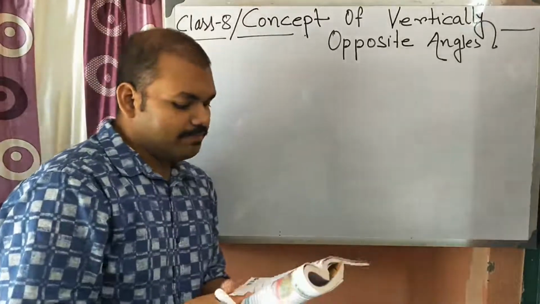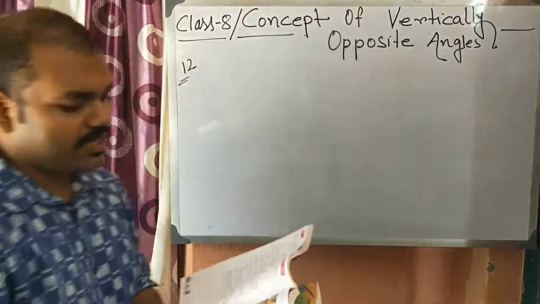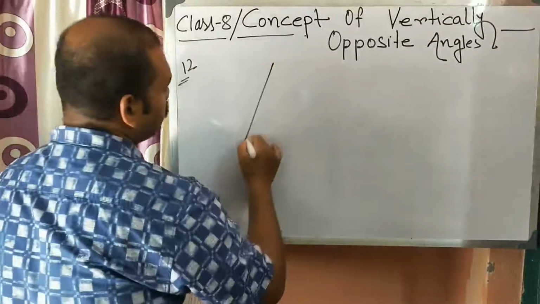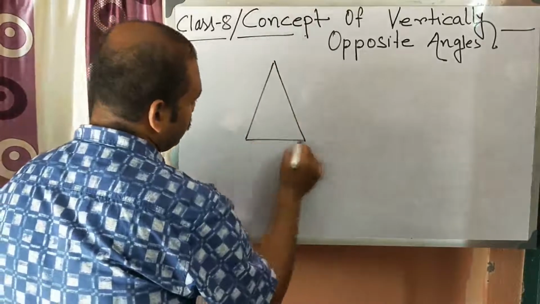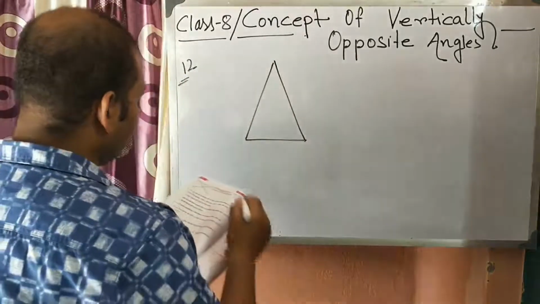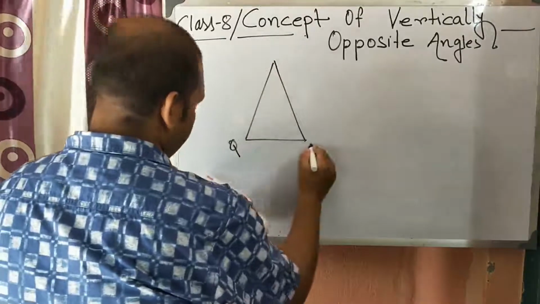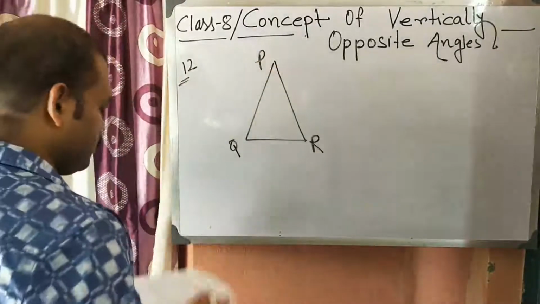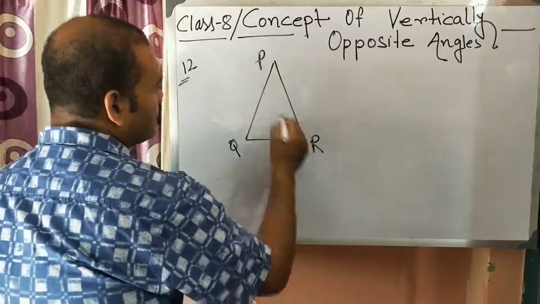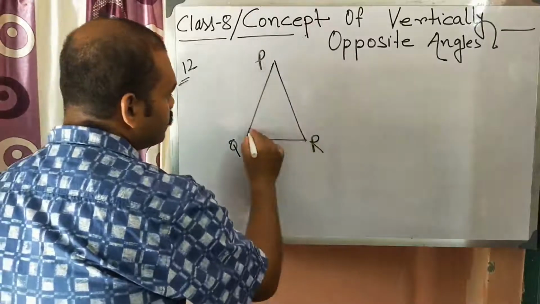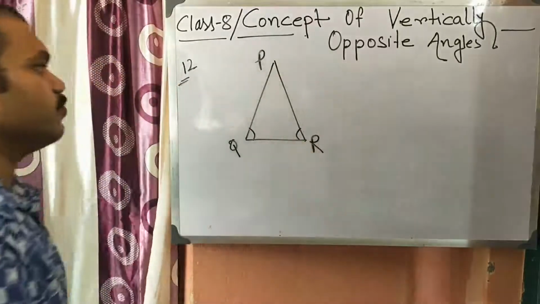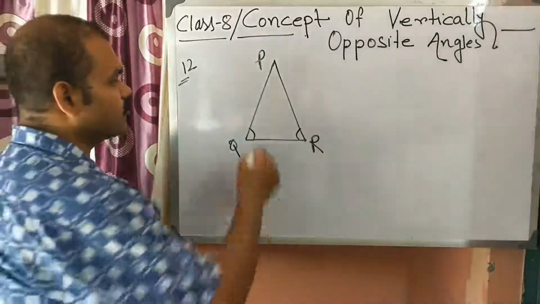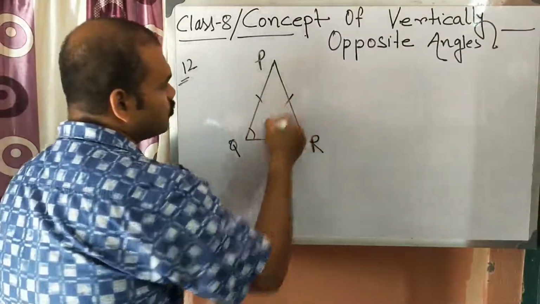In triangle PQR, angle PQR is equal to angle PRQ. So these two angles are the same, and when two angles are the same, this is an isosceles triangle. So PQ is equal to PR.